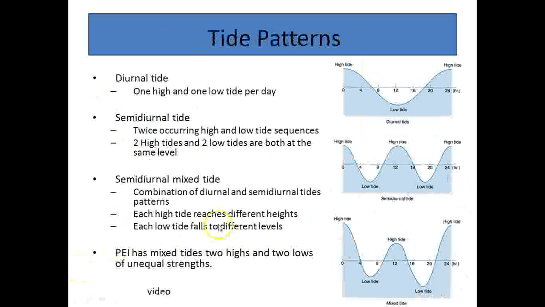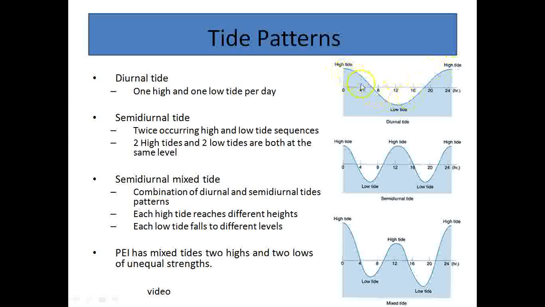Now, the tidal patterns that you'd see in different regions fall into three main categories. The first is diurnal tides. If this is a 24-hour period, then you only experience one high tide and one low tide, because then you get back to the normal spot.